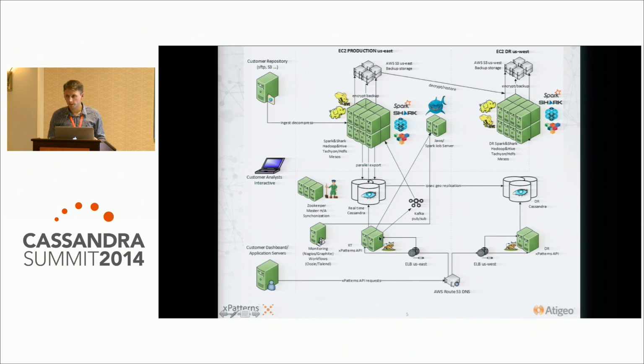And we also generate low-latency, high-throughput APIs that are also geo-replicated using AWS's Route 53 DNS service, which directs client requests to the closest data center. Obviously, here on the West Coast, requests will be sent to the West Coast data centers.